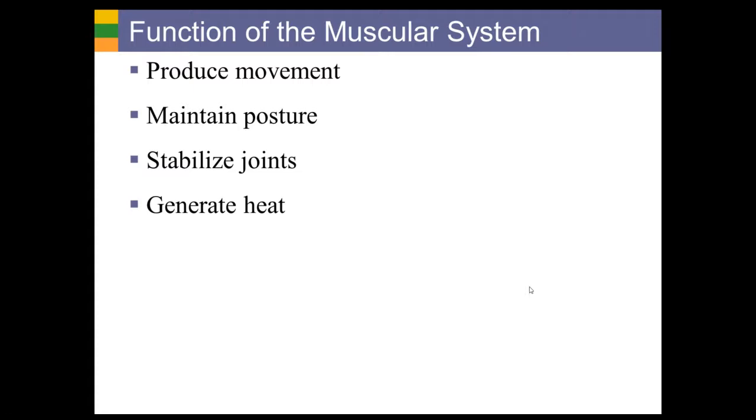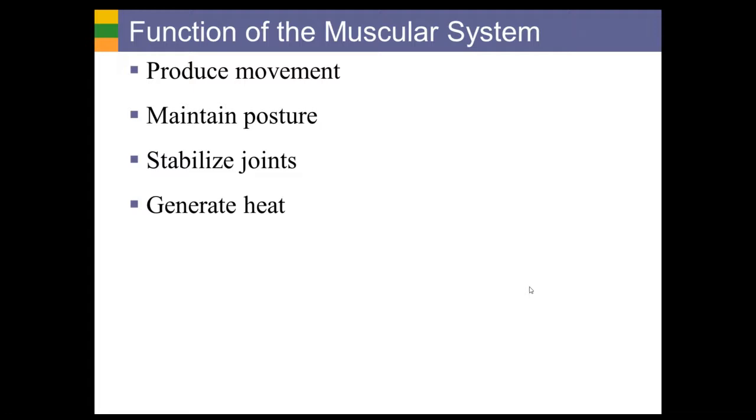And lastly, skeletal muscles make up about 40% of your body by weight, and they're always contracting. Even when you're sleeping, they are at least partially contracting. You always have a certain amount of muscle tone, that is muscle tension, and as they contract, they use ATP, and a percentage of that energy is released as heat.